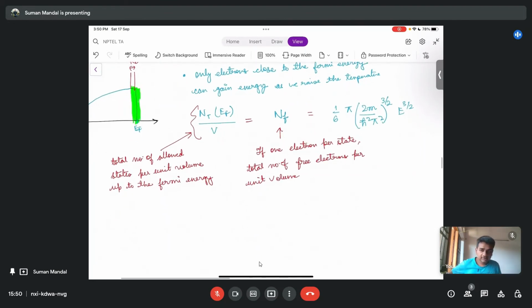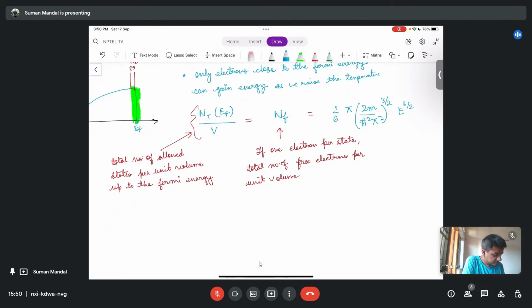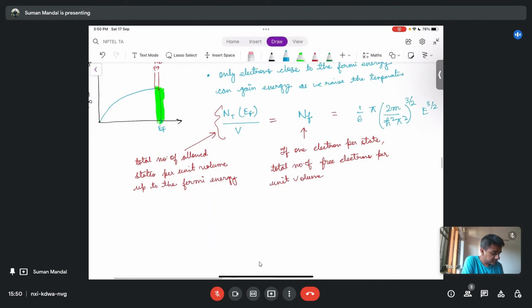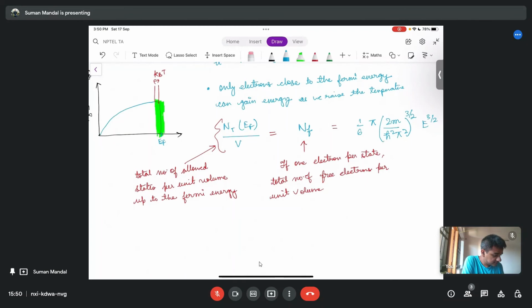As we had discussed earlier, this is the total number of electrons, but we do not actually care about the total number. So NF, I will delete this later. Let me first draw this. This NF is the total number of electrons everywhere, the entire integration of the curve. But we don't need that.